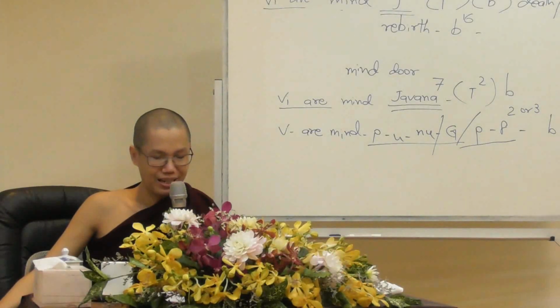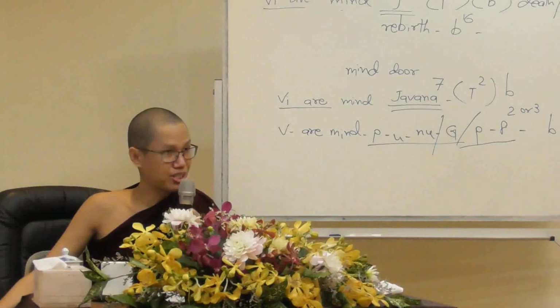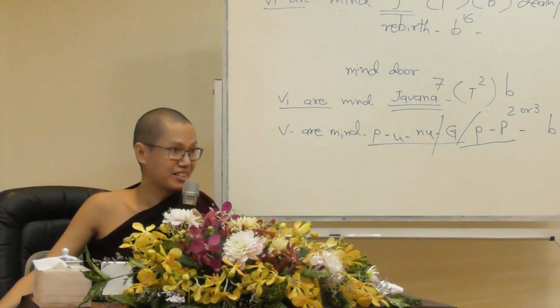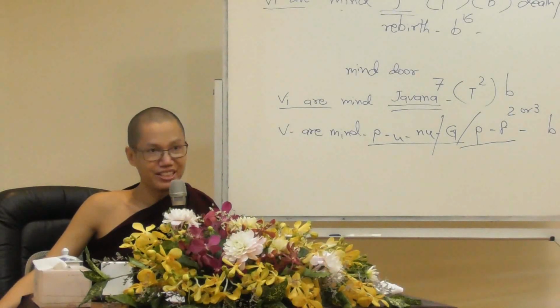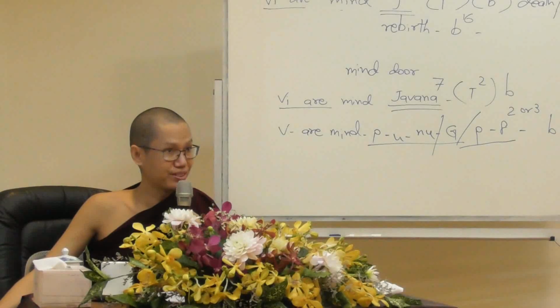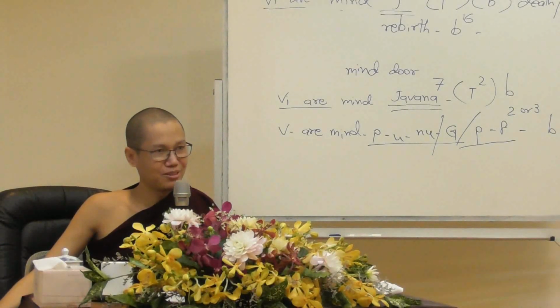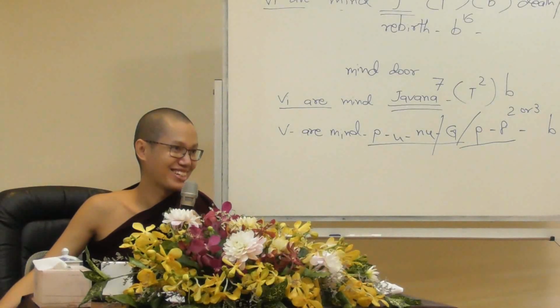So sometimes the bodhisattva used to reflect on these things. In life, sometimes we cannot solve problems. There are many problems we cannot solve. Only a little we may be able to solve.